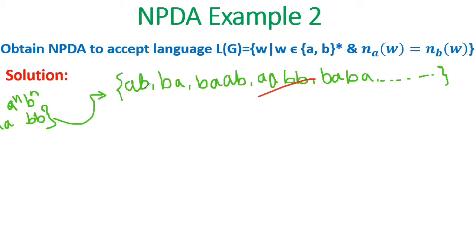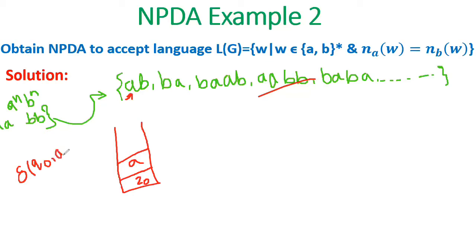Now see here, look at the first string. What is the first alphabet you have? A is the first alphabet you have. So if I take the stack as empty with Z0 in it, what is the first symbol I have? A is the first symbol. So if I get A, I have to push it onto the stack. And what would be the transition for it? It will be transition from Q0, the start state.